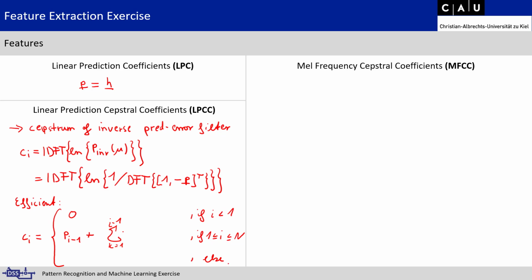And it's recursive because we're using c_k. And we're also using prediction coefficients of index i minus k minus 1. And we have to normalize this sum by our index i.